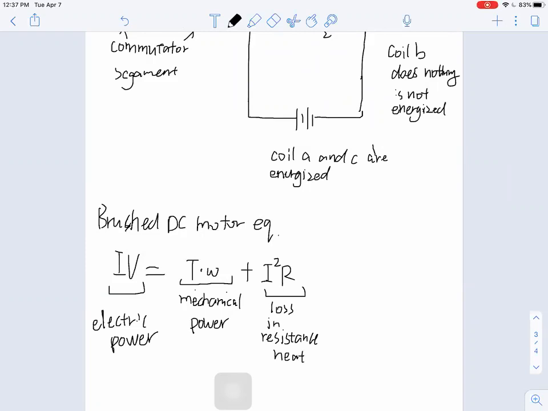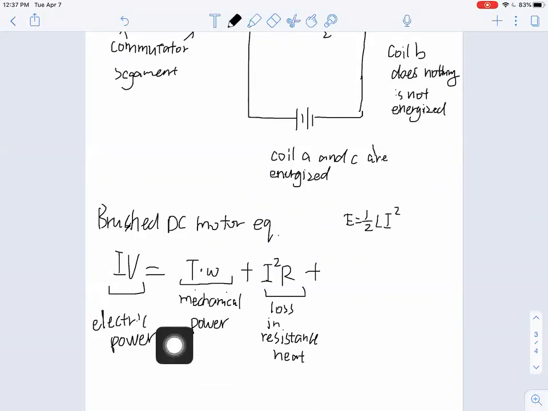And after this, we still have more loss. Remember, we put multiple loops together to form a coil, and the coil is an inductor. So the energy can be stored inside of the inductor, E equals 1/2 inductance times I square.